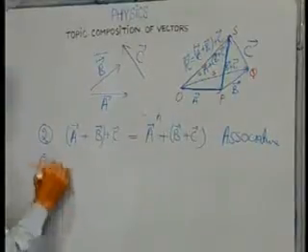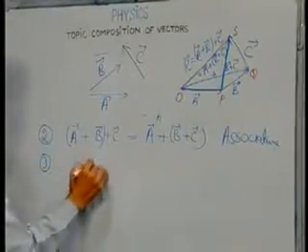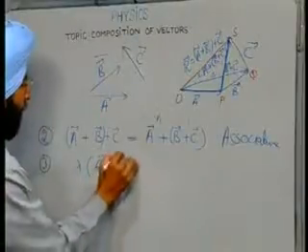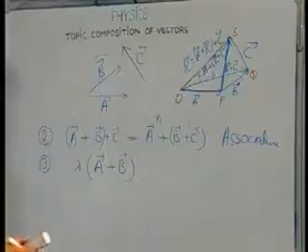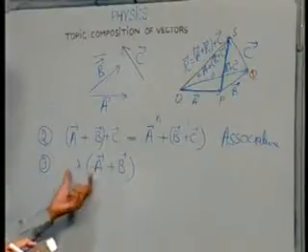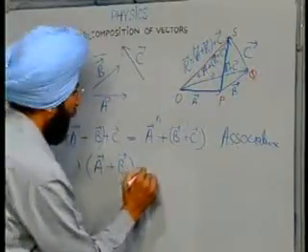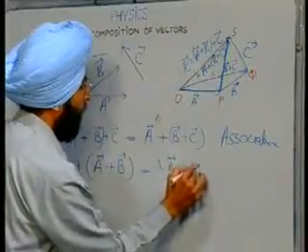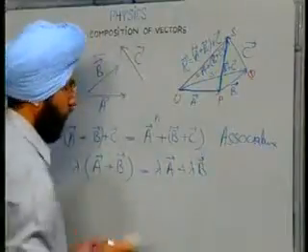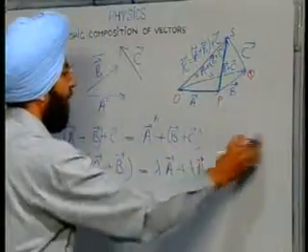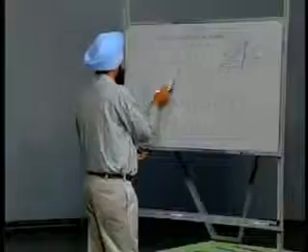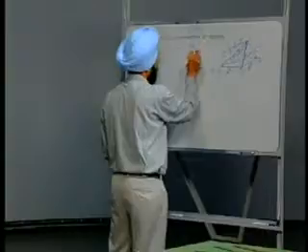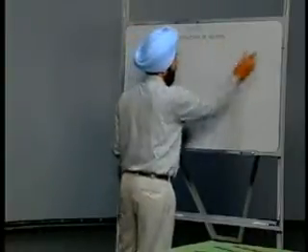The third property is, if A plus B is multiplied with lambda, then we can write this as lambda A plus lambda B. We can open the bracket like we do in algebra. So, these are the properties of vector addition.